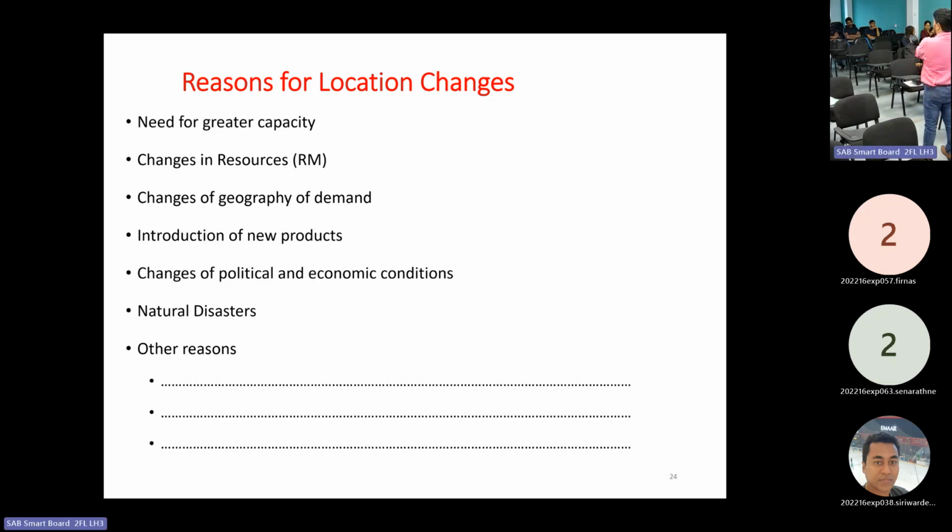Now, can you think of one or two places, probably one business, that you think have made the location decision appropriately? Think of some of your experience, their factory, their showroom, or their outlets located at one particular site.